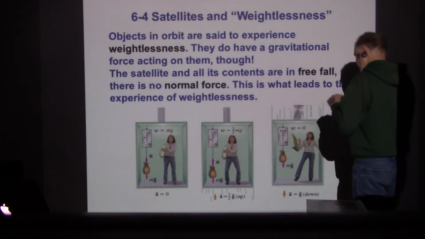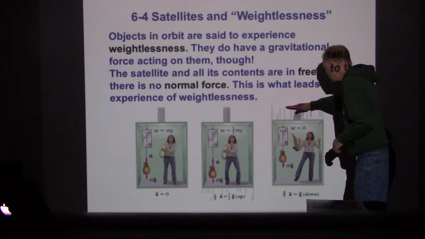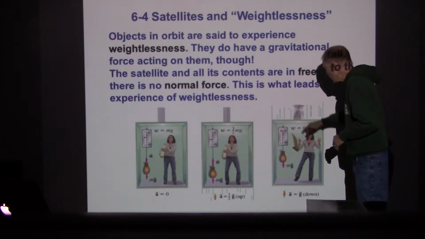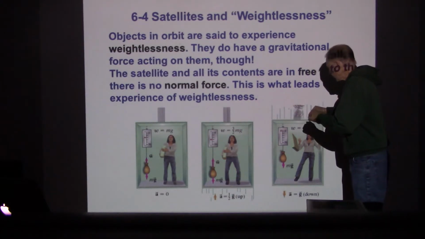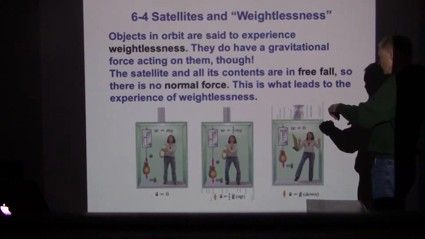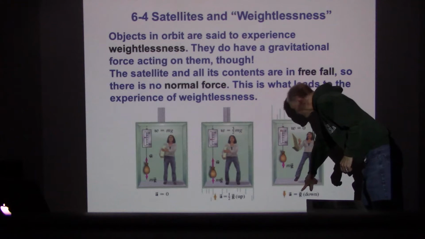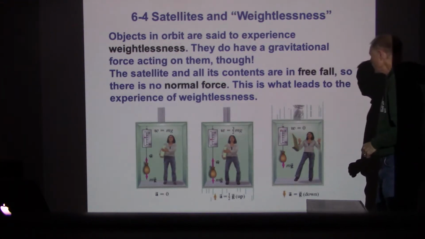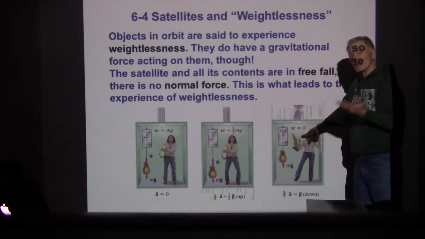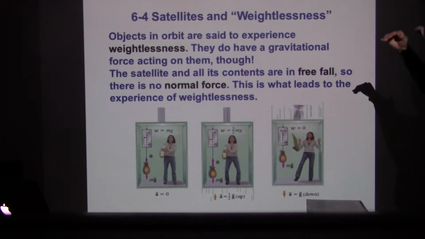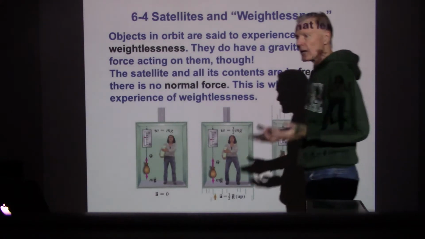Now, what happens if it's the opposite direction? Suppose your friend goes up and cuts the cables. Well, the entire elevator, the entire supermarket, is accelerating downwards at g. And that does away with the normal force. There are no normal forces anymore because everything is accelerating side by side.